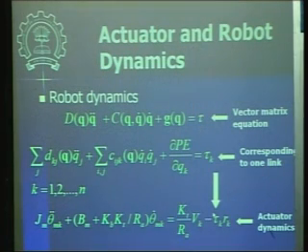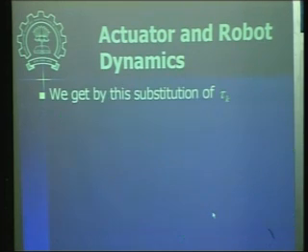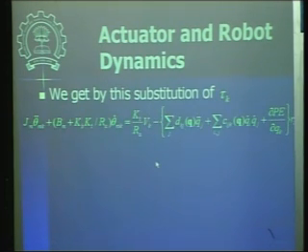So now what we have to do is substitute this tau k from the robot dynamics into the actuator dynamics and see what we get. By this substitution we get this equation, where these terms remain the same up to this point.